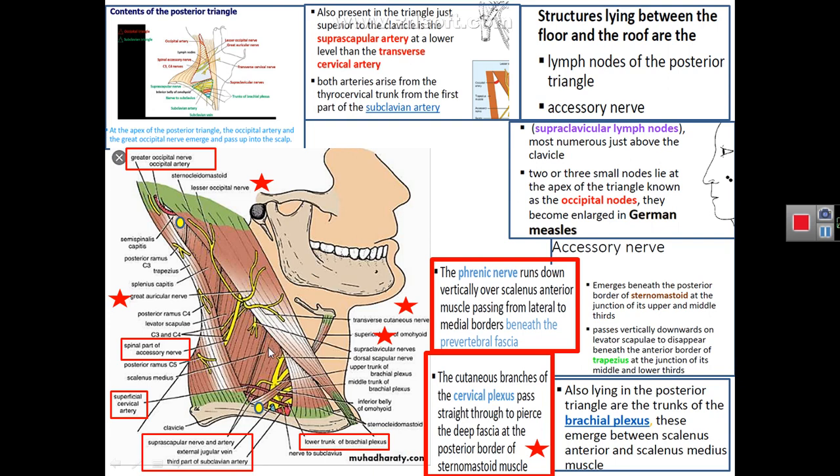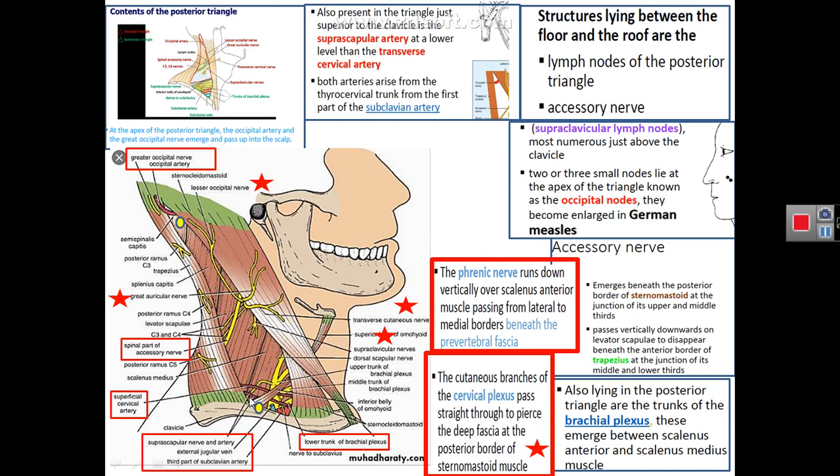Other contents, of course; these 4 nerves are marked here by the stars. Other contents of the posterior triangle are branches from the subclavian artery, which are the transverse cervical artery, here called the superficial cervical artery, and the suprascapular artery, which is below the transverse cervical artery.